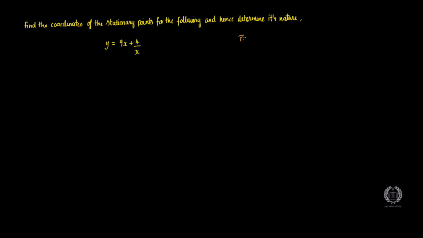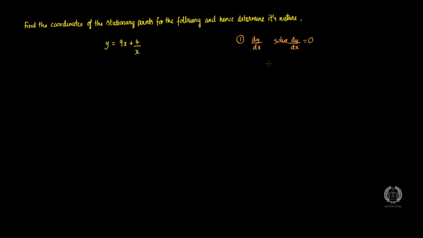The first thing that you want to do to find a stationary point is to find dy/dx. You want to differentiate, and then once you've differentiated, you want to solve dy/dx equals 0. So you equate dy/dx to 0 and solve it, which means you're going to find your x values.